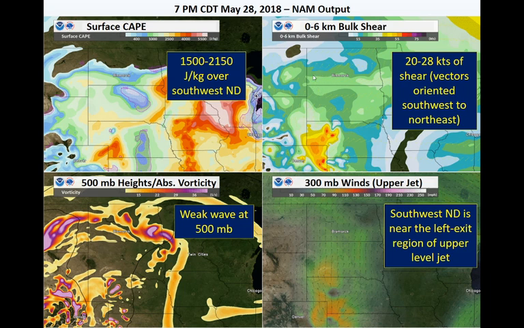We're really only seeing about 20 to 28 knots of effective bulk shear from 0 to 6 kilometers, so not a whole lot. And at 500 millibars, it does appear that there's this weak wave. And then lastly, in this bottom right panel, you'll see that there's a hint that maybe the southwest part of the state is near the left exit region of a weak upper level jet.